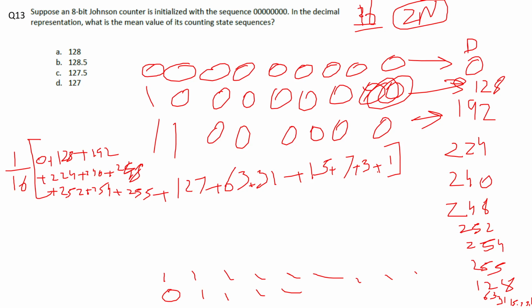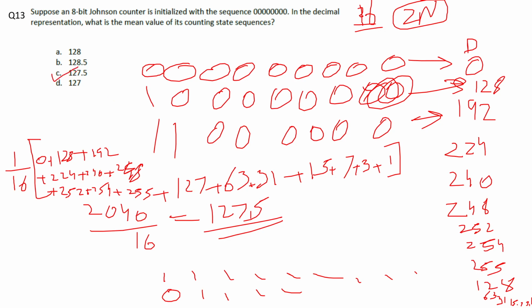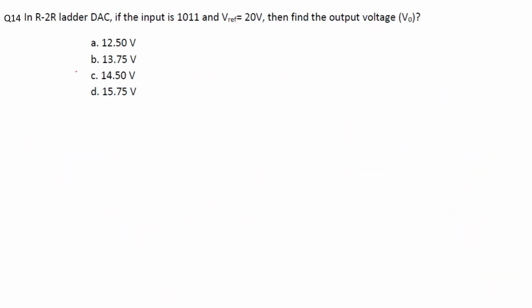And if you find the sum of this, it's 2040 divided by 16, and that thing is equal to 127.5. Option C.